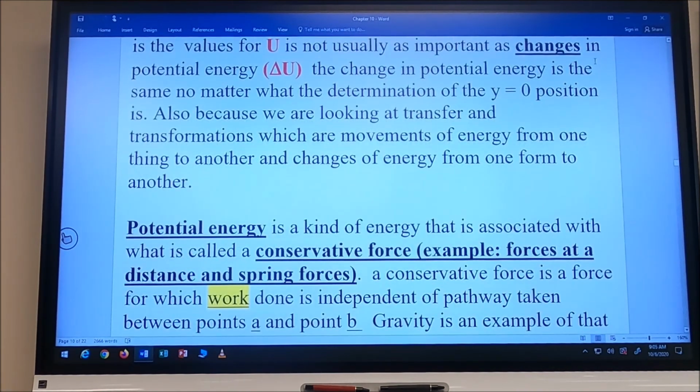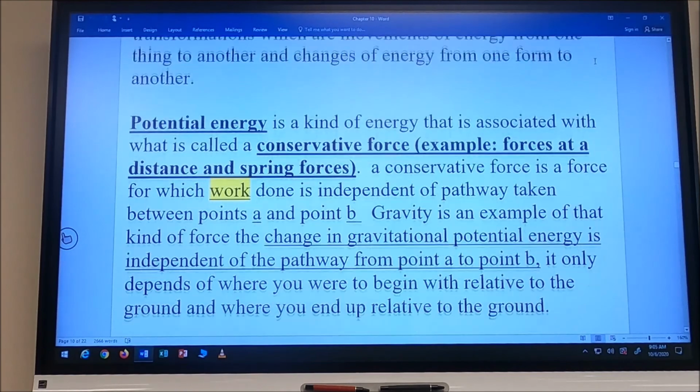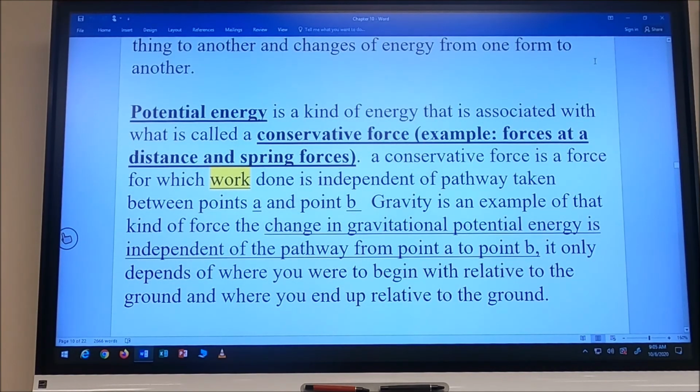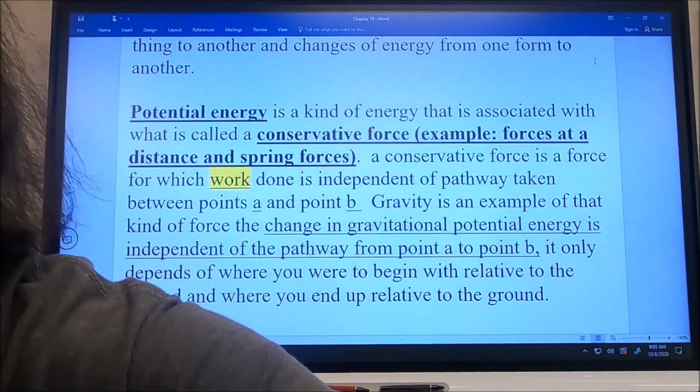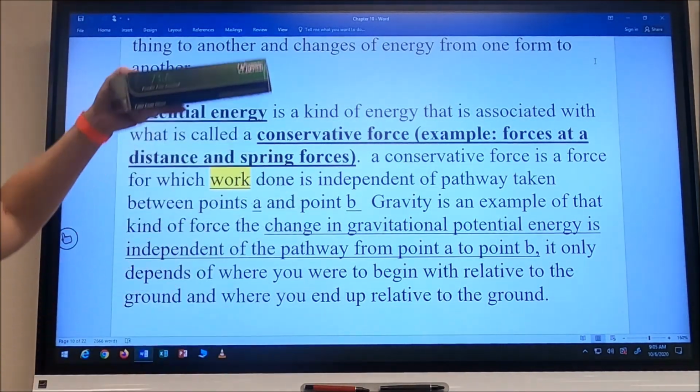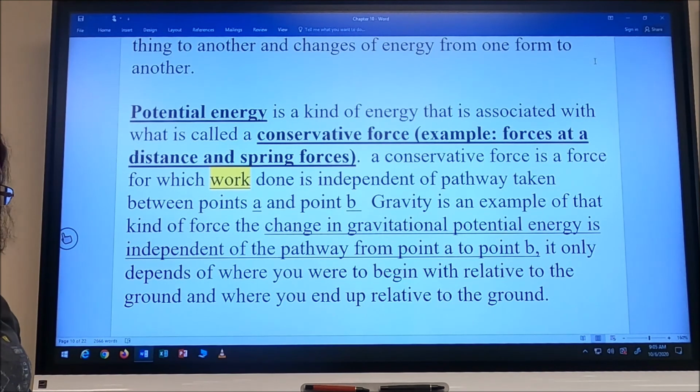So potential energy is associated with conservative forces. I said that before. A conservative force is defined as a force for which the work done is independent of pathway taken. So if I take this box and I move it from here to here, I have a specific change in height, I have a specific change in gravitational potential energy.